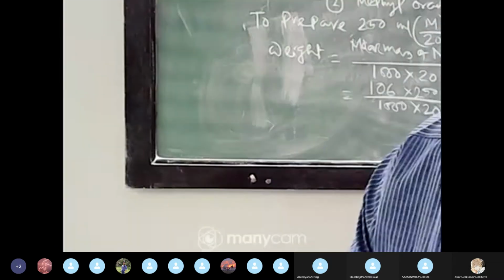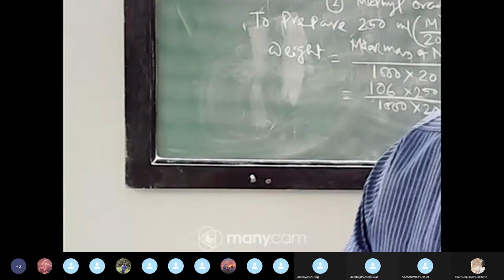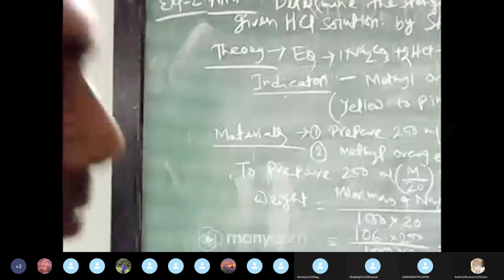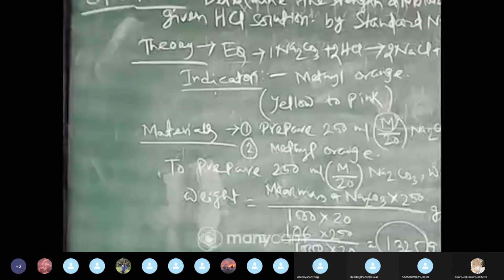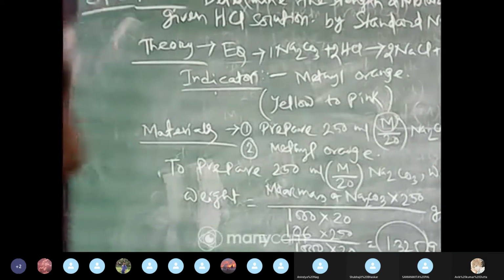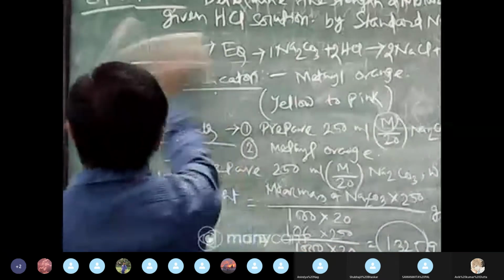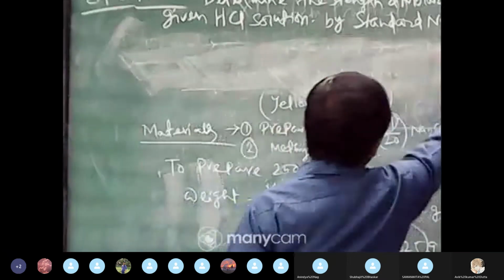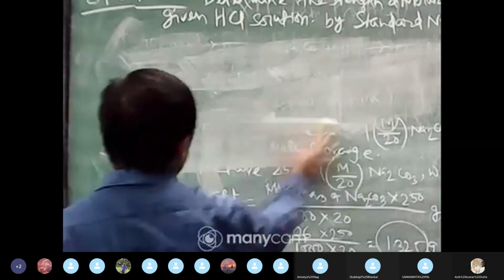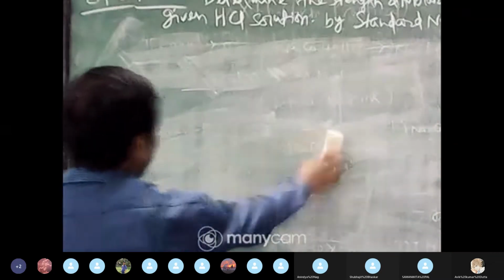Now the observation should be in tabular form. Now I am rubbing this part. Quickly you will write that record.